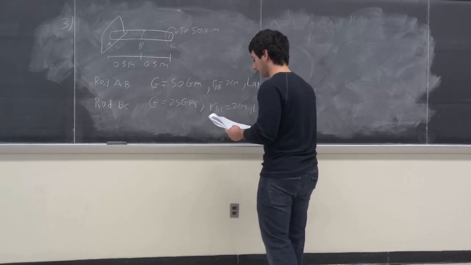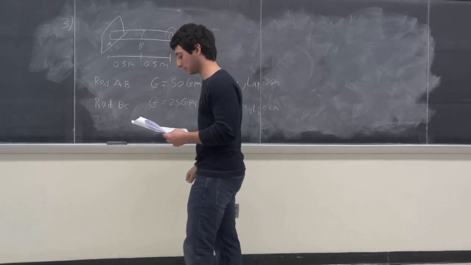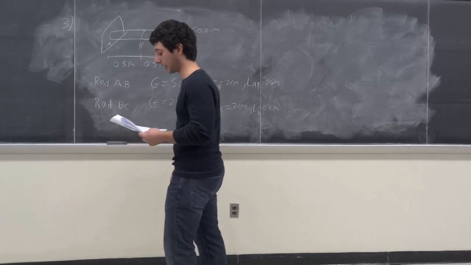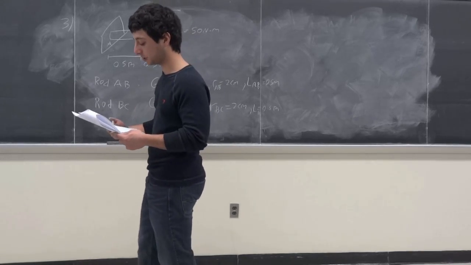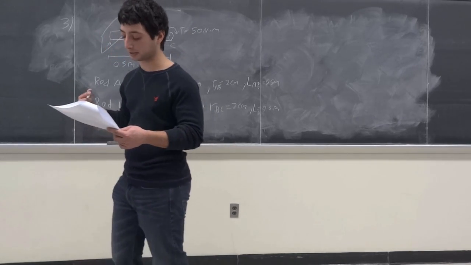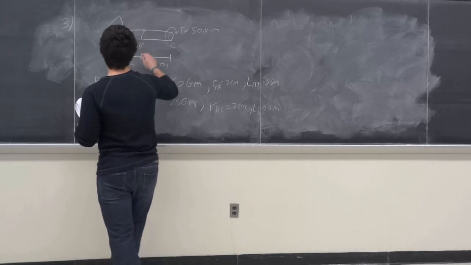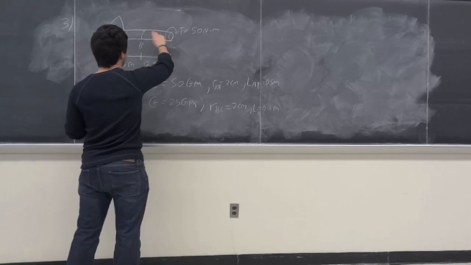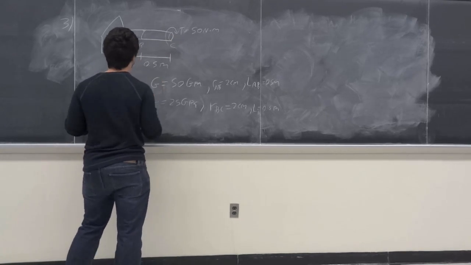Okay, so we got everything. They ask you to find the maximum shear stress for part A. Once we find that, they're also going to ask us to find the angle of twist at B and C, so the angle of twist on this face and the angle of twist on this face.